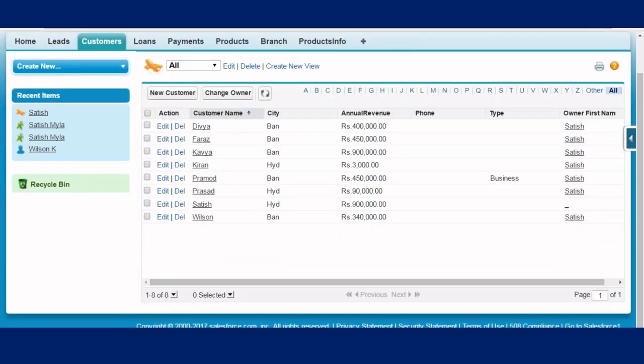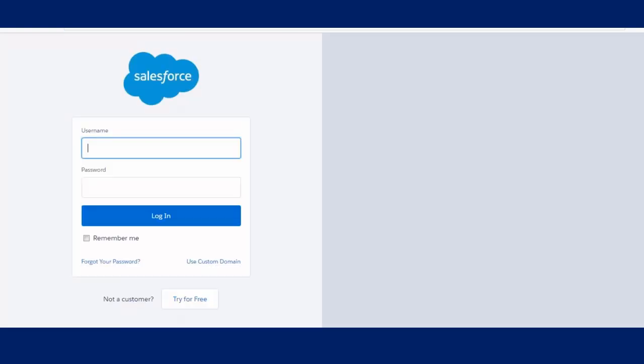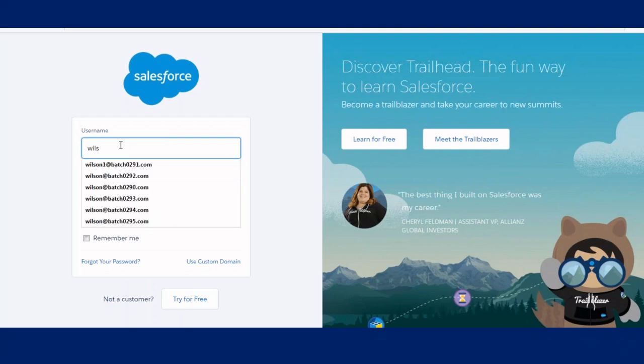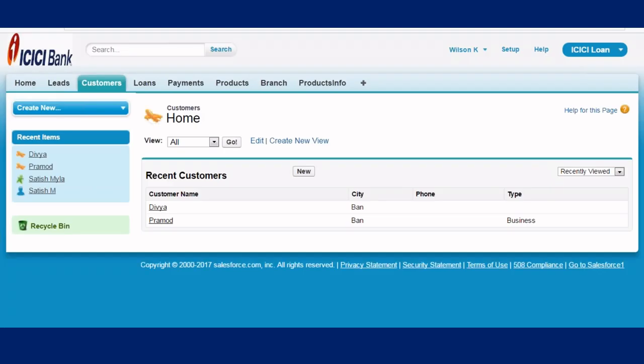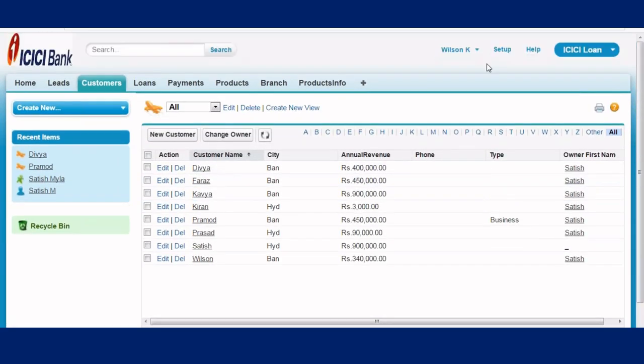Let me log in as Wilson. Now Wilson is able to see all the records.